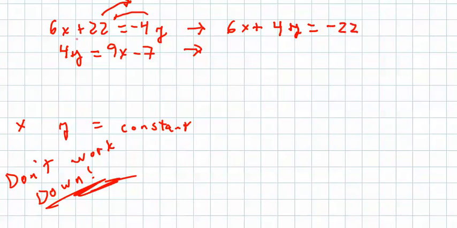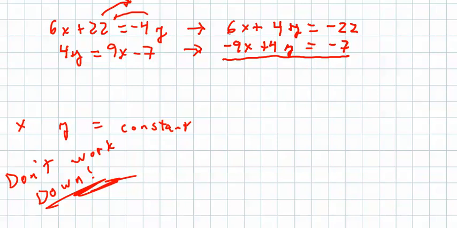I'm subtracting 22 from both sides, I'm adding 4y. Please don't pass, because then your signs will be all screwed up. Now here, I subtract 9x from both sides. Now it's on the left, plus 4y equals -7.